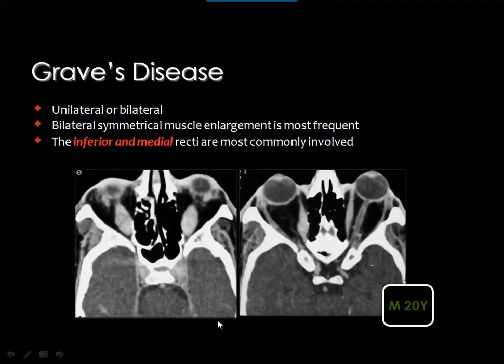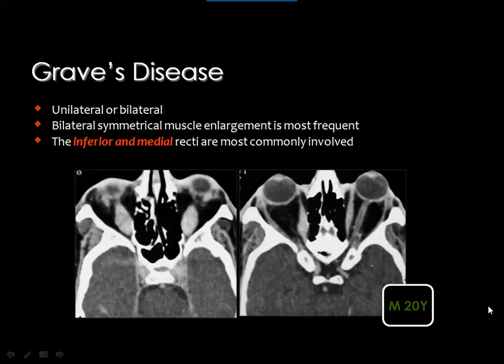Then if you look here, you know that Graves' disease is a metabolic disease which is usually associated with thyroid abnormalities, and this disease can be unilateral or bilateral with deposition of mucopolysaccharide protein complex within the muscles as well as within the fat.